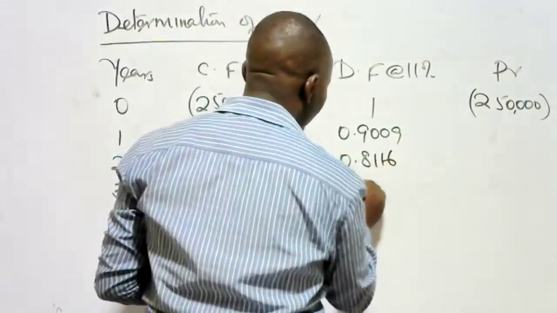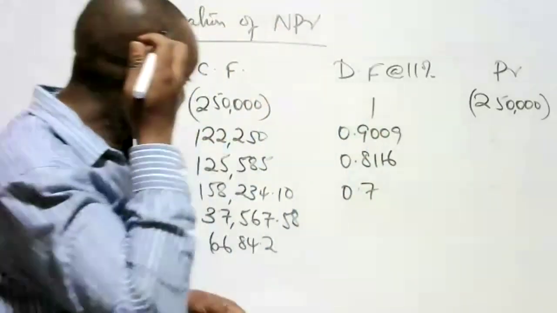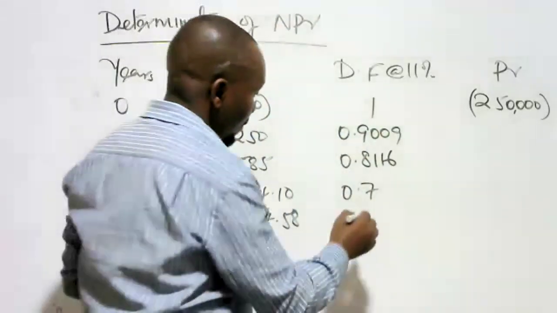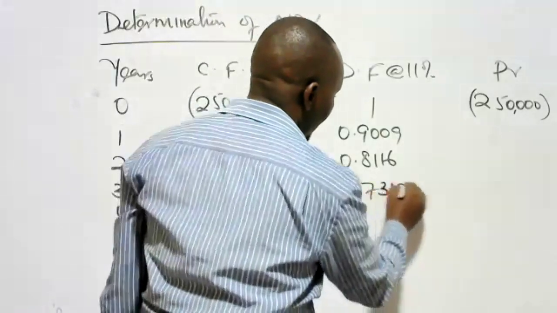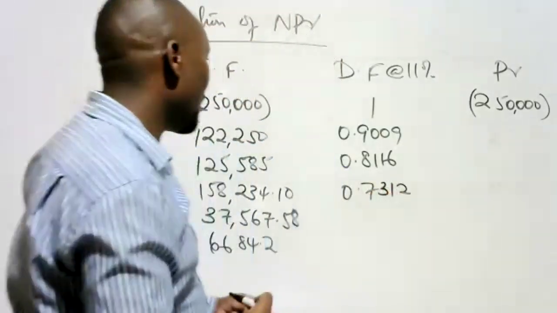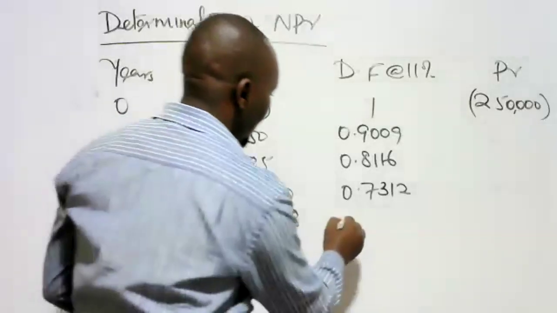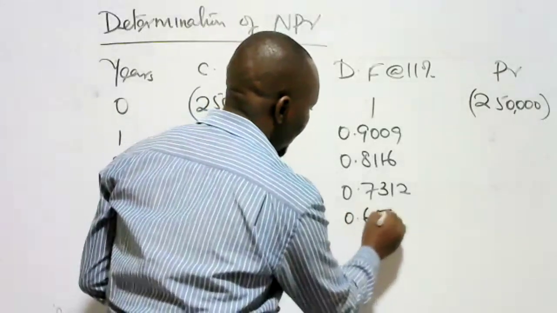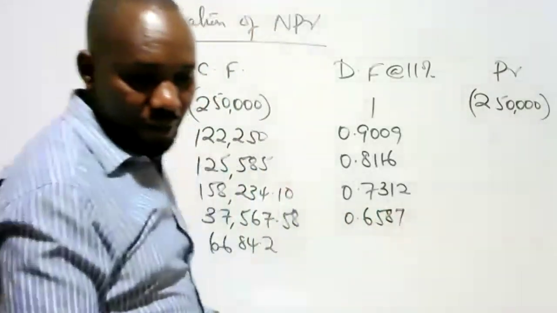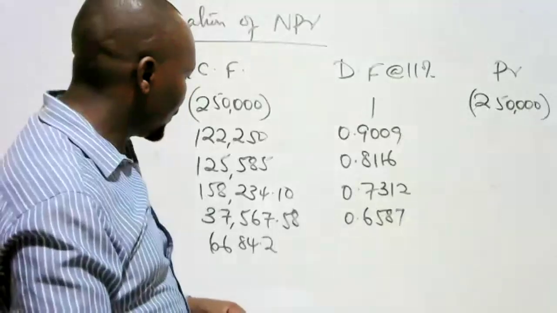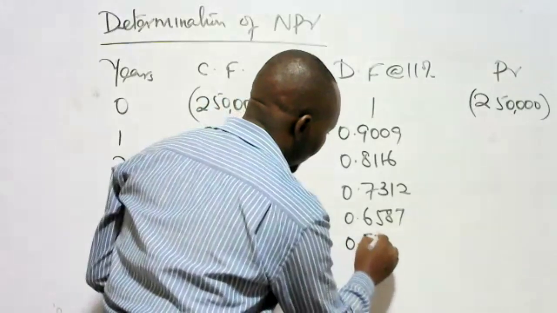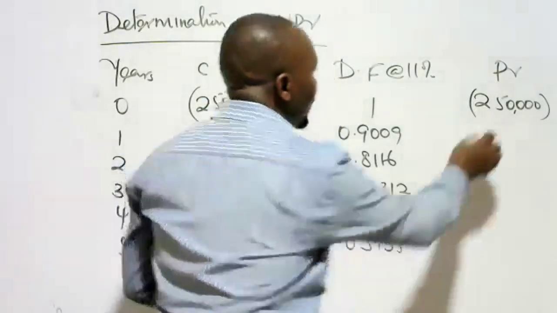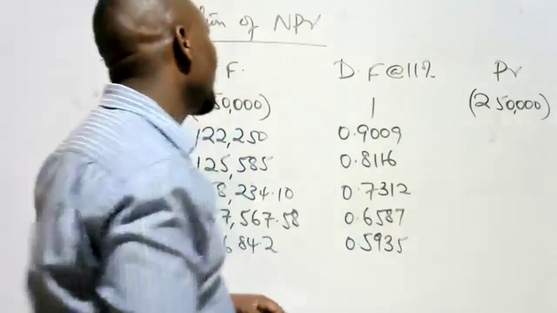This one is 0.7312. Year 4, 0.6587. The last one, 0.5935.